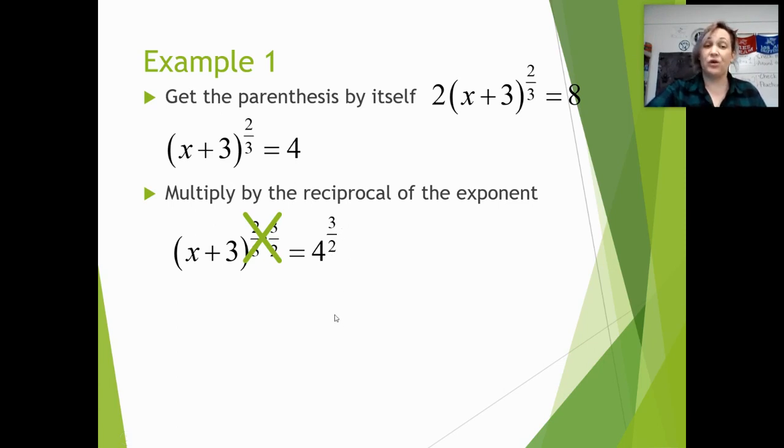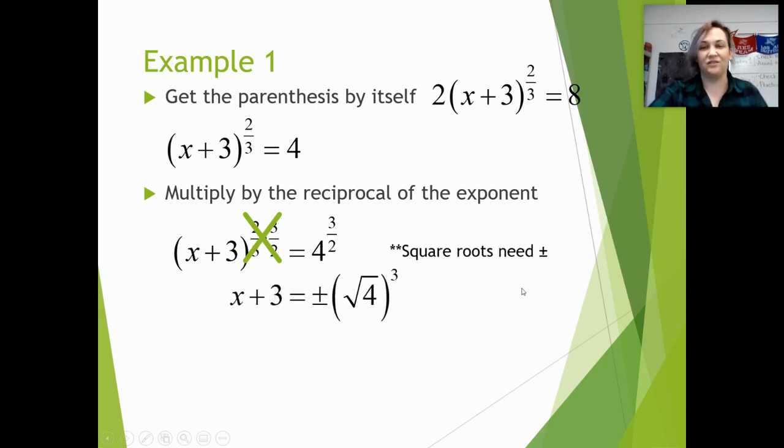Now, as we've learned in previous, first semester chapters, if we are in the process of solving an equation and we decide to take a square root, which is not in the original problem, which is what we're doing right now, I'm going to take the square root of 4. Then we have to put a plus or minus sign in front of it. So be on the lookout.